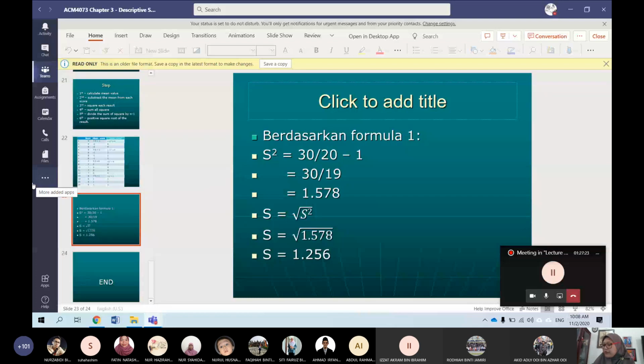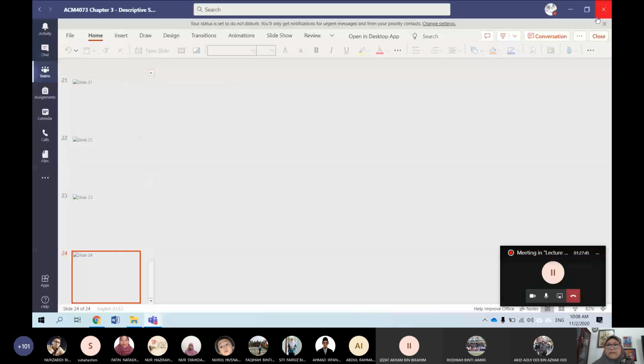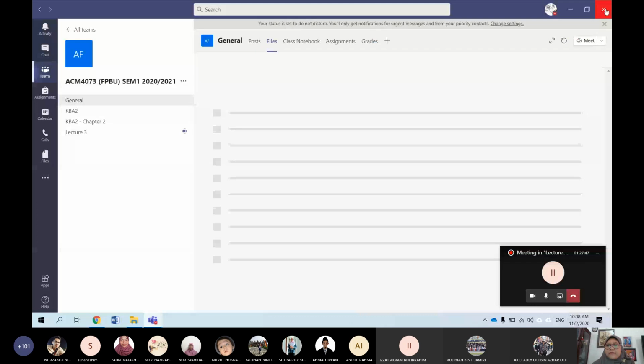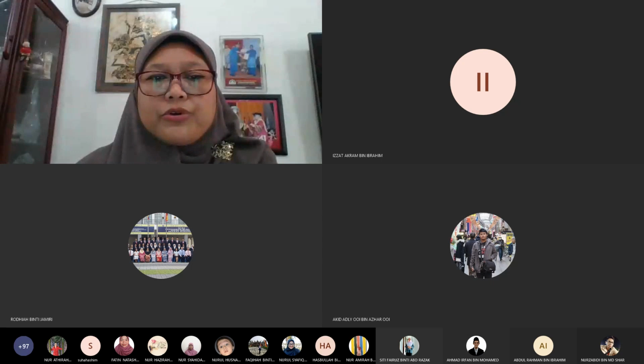Square root of 1.578 is 1.256. So that is basically how the formula works. That is basically the slide that I am going to show you about descriptive statistics.